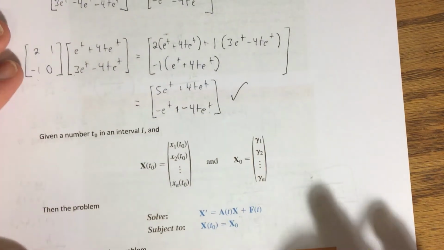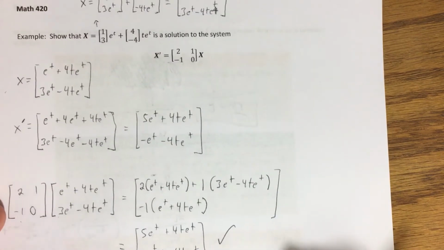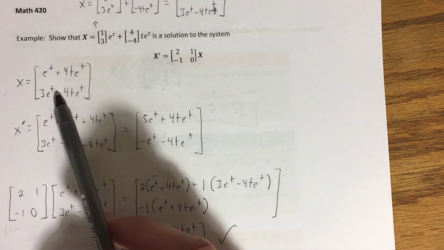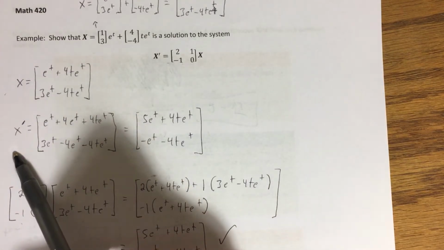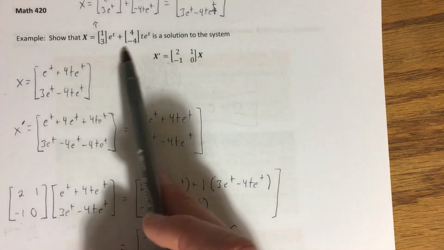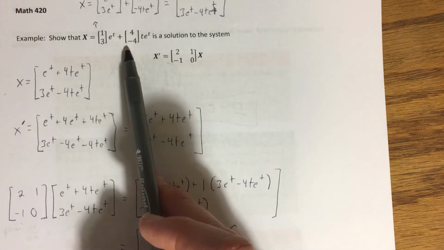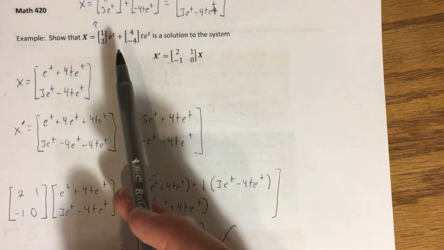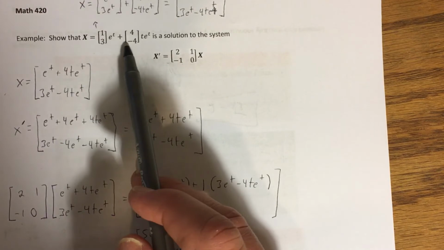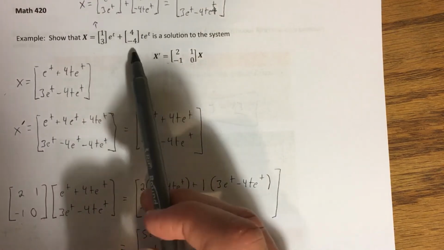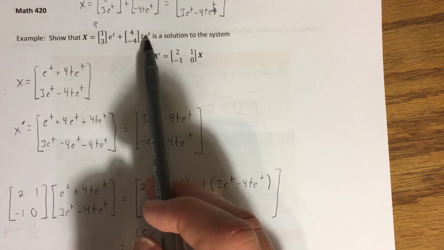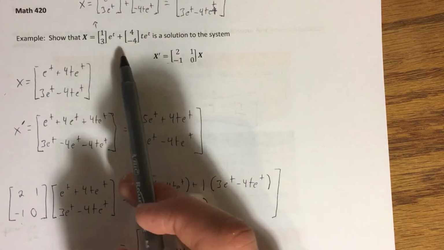Now, one thing I want to point out, which we'll do in future examples, is that I didn't actually need to put x into this form to find x prime. I actually could have differentiated from here, from it looking like this. I'm not going to go into a deep explanation as to why, because you can probably figure this out for yourself. But if you treat these matrices, the 1, 3 here and the 4, -4 here, as just constants, you can differentiate this thing as you would a normal function of a single variable.